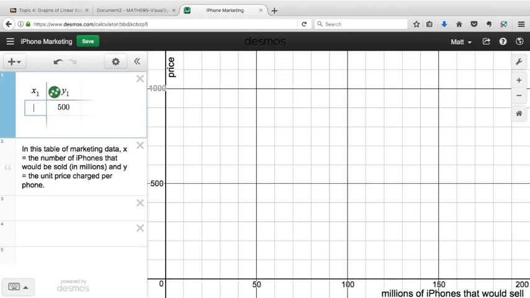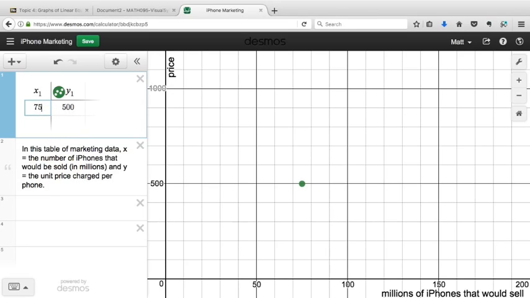And let's suppose that based on the response rate in that test market, I find out that if I charge $500 per iPhone, maybe I'll end up being able to sell 75 million iPhones. So that sets up for me a single data point: $500 price, 75 million iPhones sold at that price.